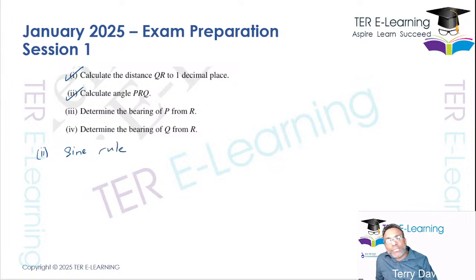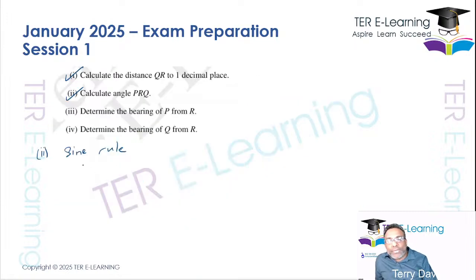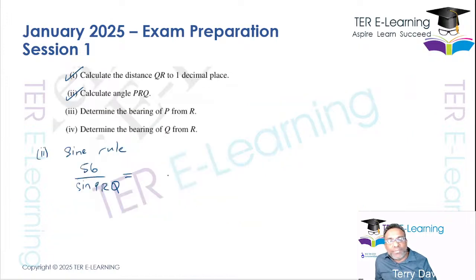When you're using the sine rule, we say a length divided by sine of the angle opposite that length. So in this case, let's go with 56, and let's go with the angle that we're trying to work out. So 56 divided by sine PRQ, and the other length that we know here is 42.4 and sine 34.